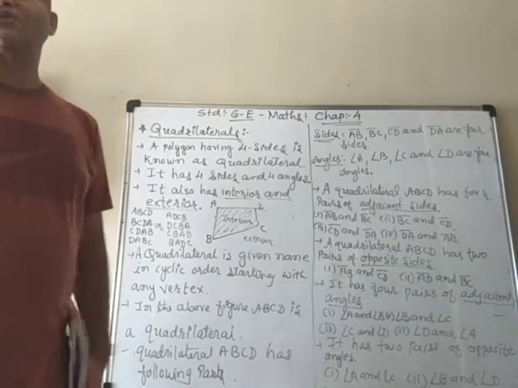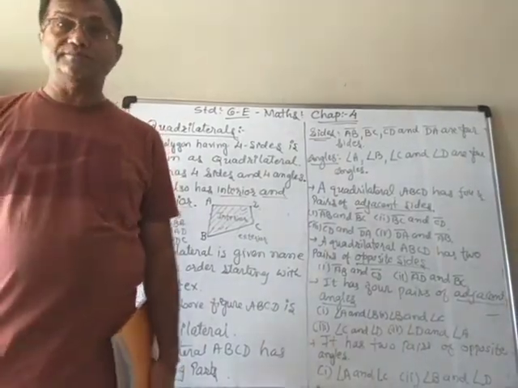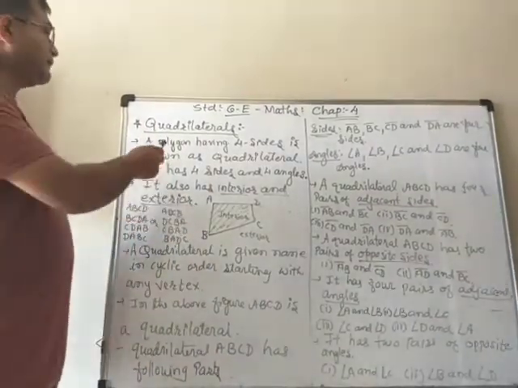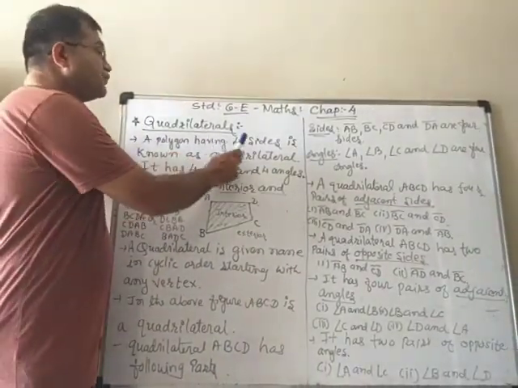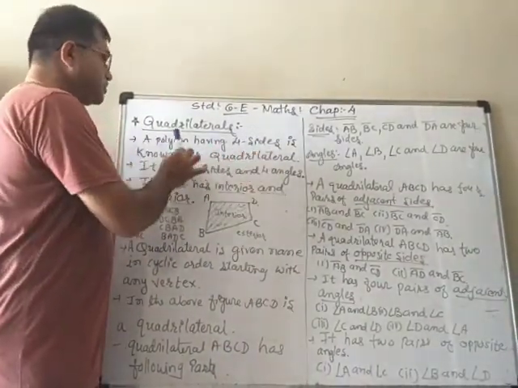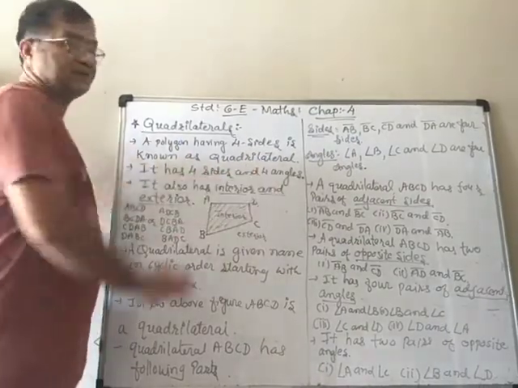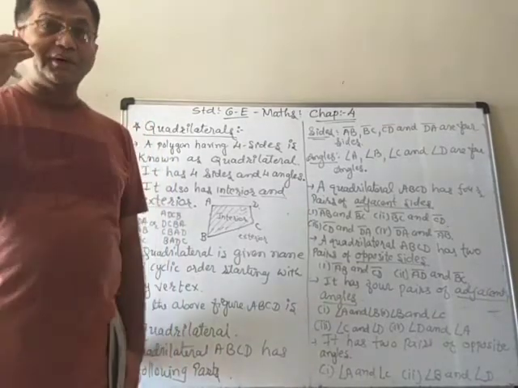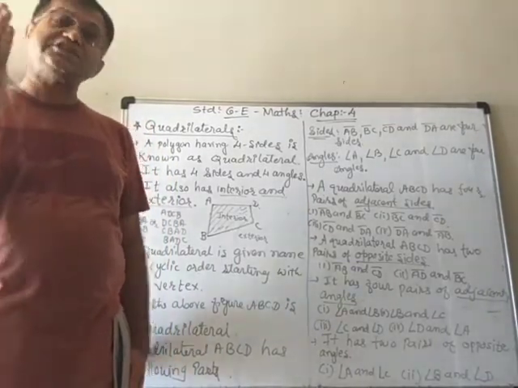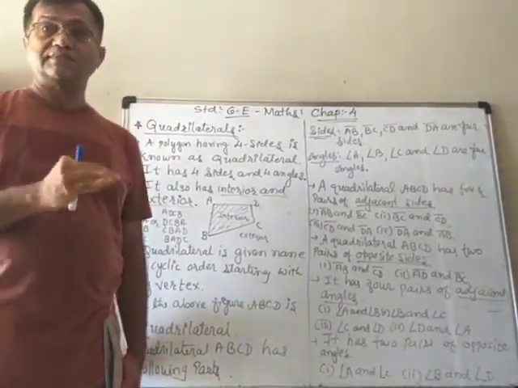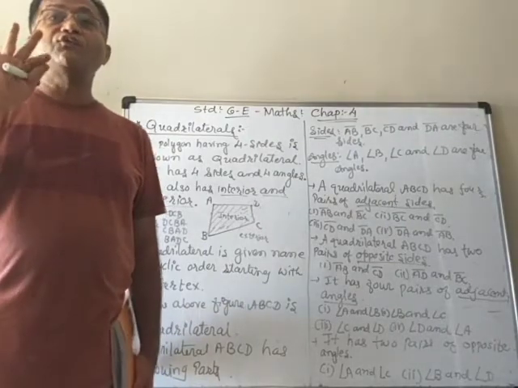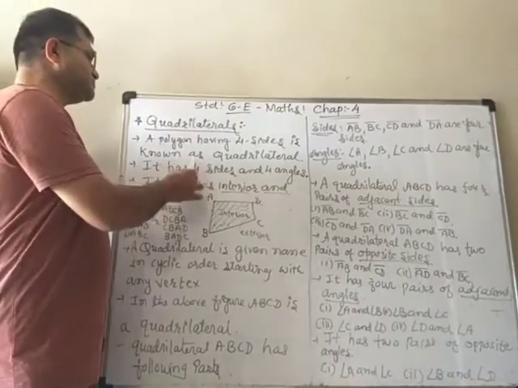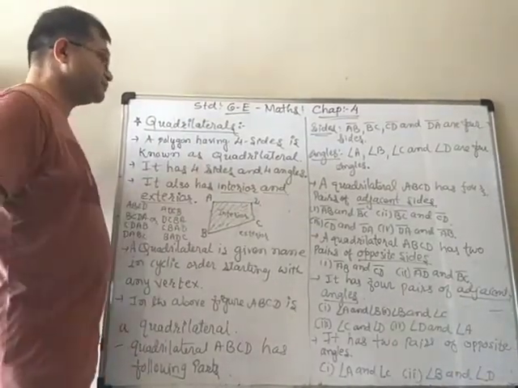A quadrilateral is also a polygon, but it has 4 sides. So a polygon having 4 sides is known as a quadrilateral. Remember in your mind, if a polygon has 3 sides, it is known as a triangle. But if a polygon has 4 sides, then it is known as a quadrilateral.